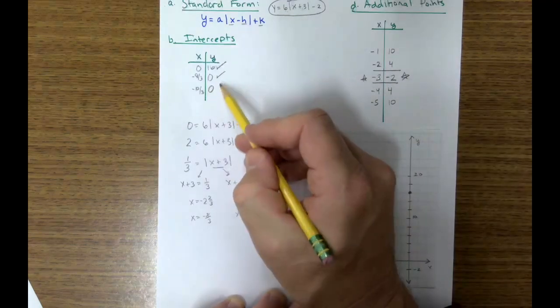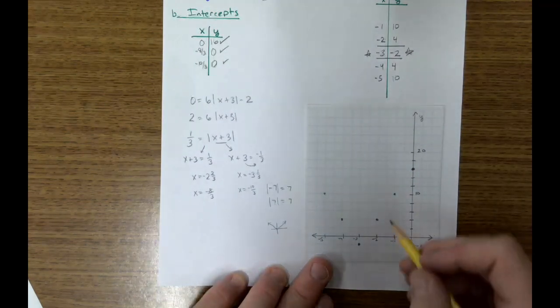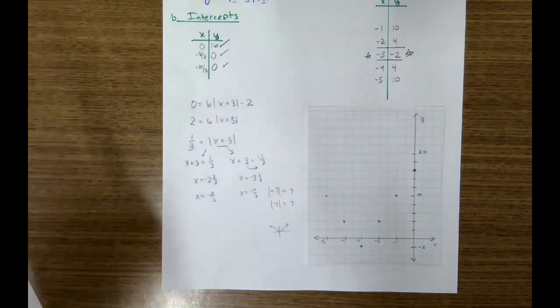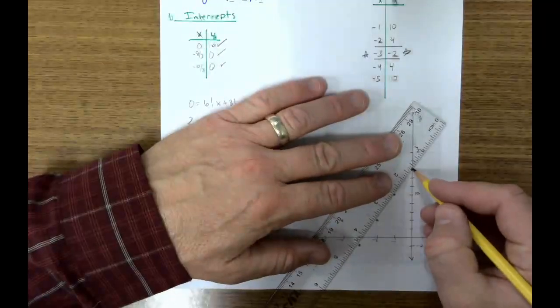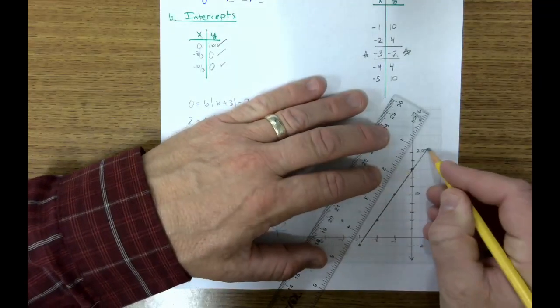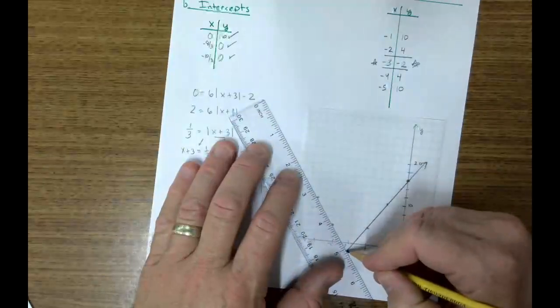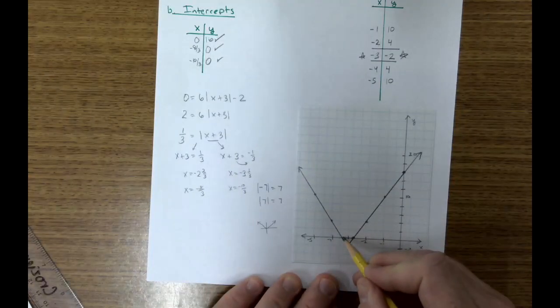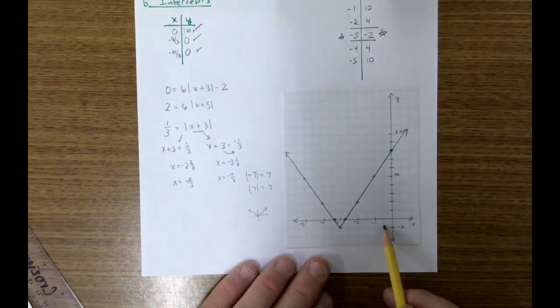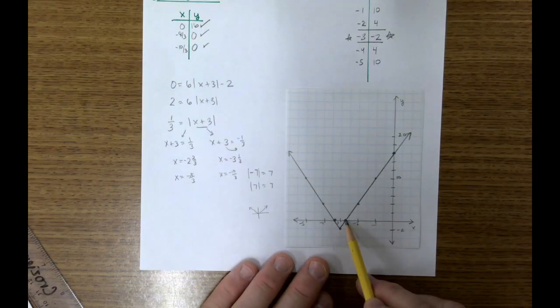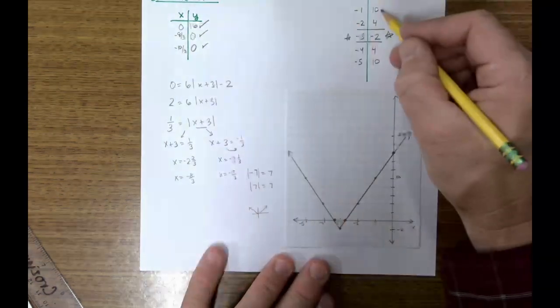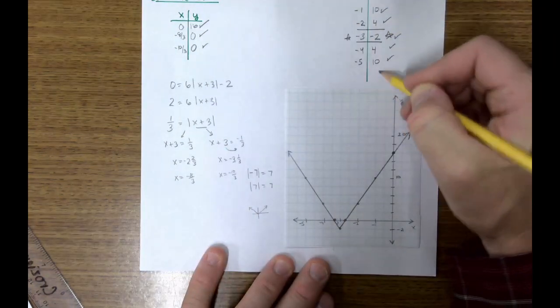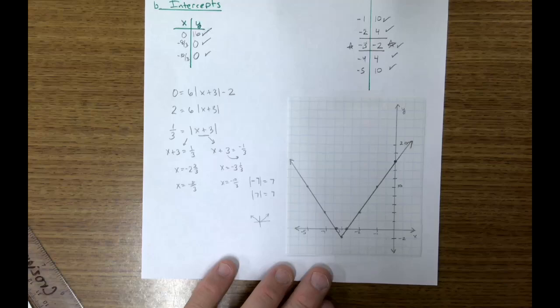And what about these? Well, these have taken care of themselves. If I go ahead and draw this line here, looks like that, and looks like that. Those 2 points are going to be negative 2 and 2/3 and negative 3 and 1/3. So I've gotten all 8 points plotted on my graph.